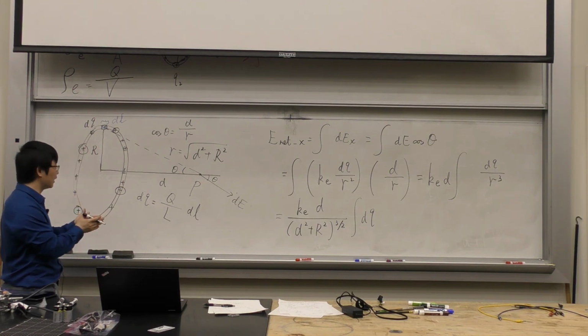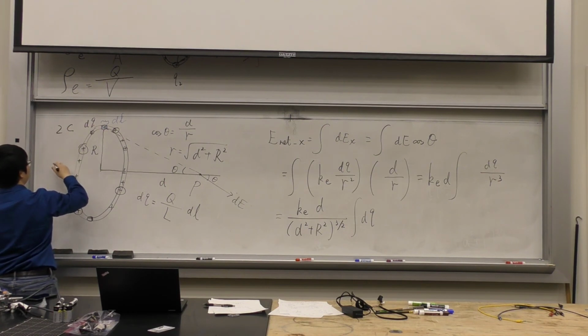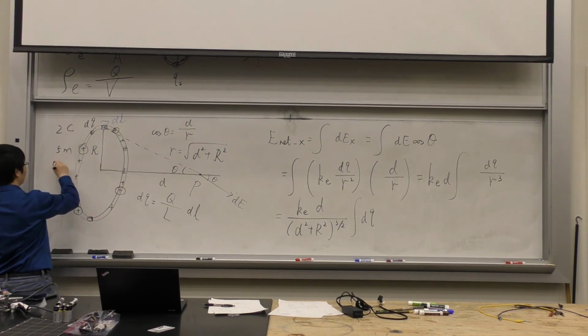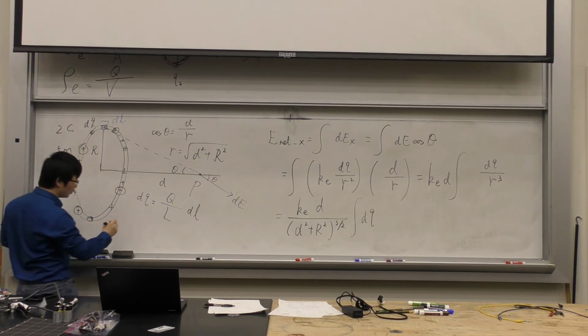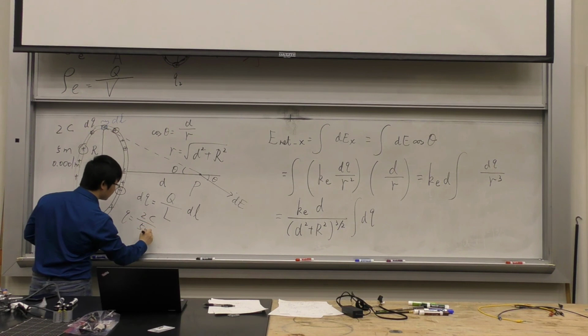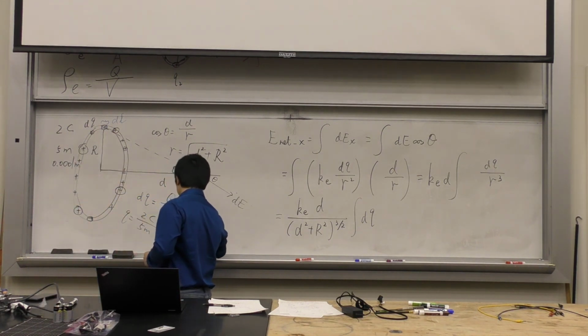So again, imagine this guy has a charge like 2 coulombs, the length is like 5 meters, and then I want you to find the charge on a 0.0001 meter segment. What are you going to do? Well, you would say the charge is just going to be 2 coulombs divided by 5 meters times 0.0001 meter.